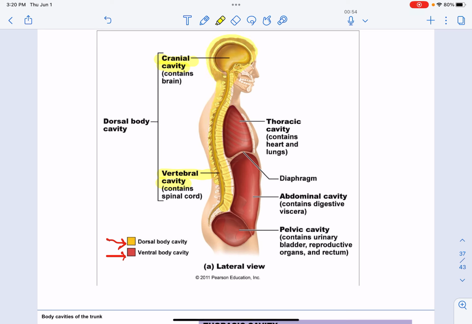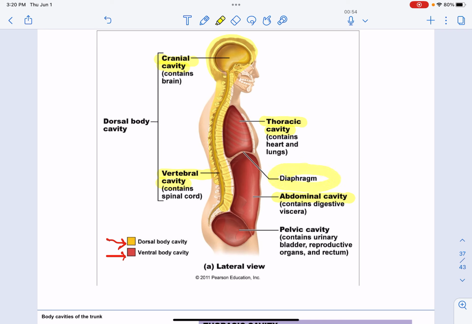All right, we're going to take some time and talk more about the ventral body cavities. Just as an introduction, and then we'll get more specific, there is a thoracic cavity. This is going to contain the heart and the lungs. And then we have an abdominal cavity. These 2 cavities are separated by the diaphragm.